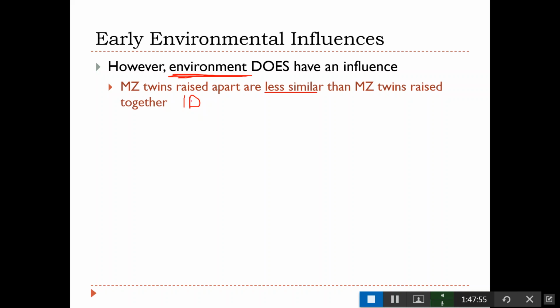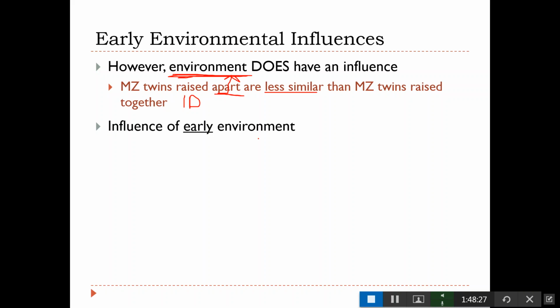Identical twins who are raised apart, put in different environments, tend to have a smaller correlation between IQs than monozygotic twins raised in the same environment, which tells you we changed the environment, right? These monozygotic twins have the same genes, but we've changed the environment for these guys versus these other ones. So the ones raised apart are going to be a little bit less similar, okay?